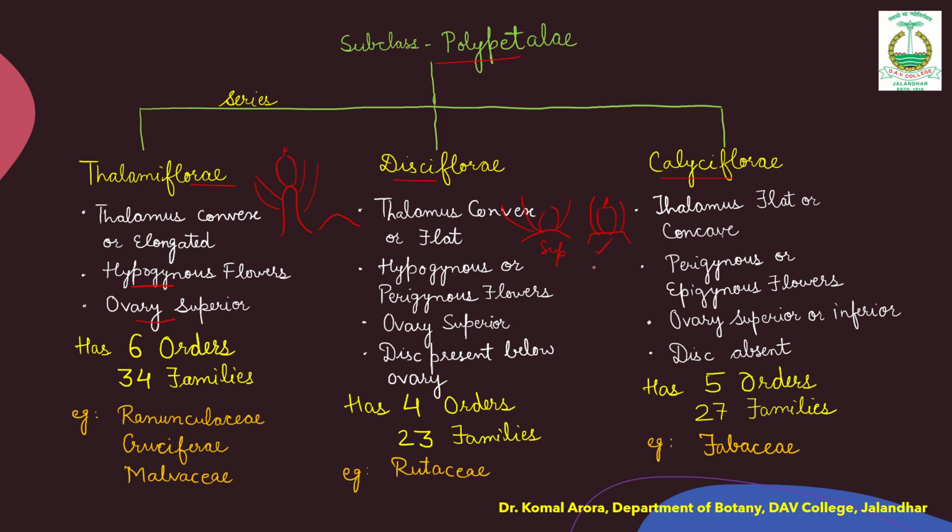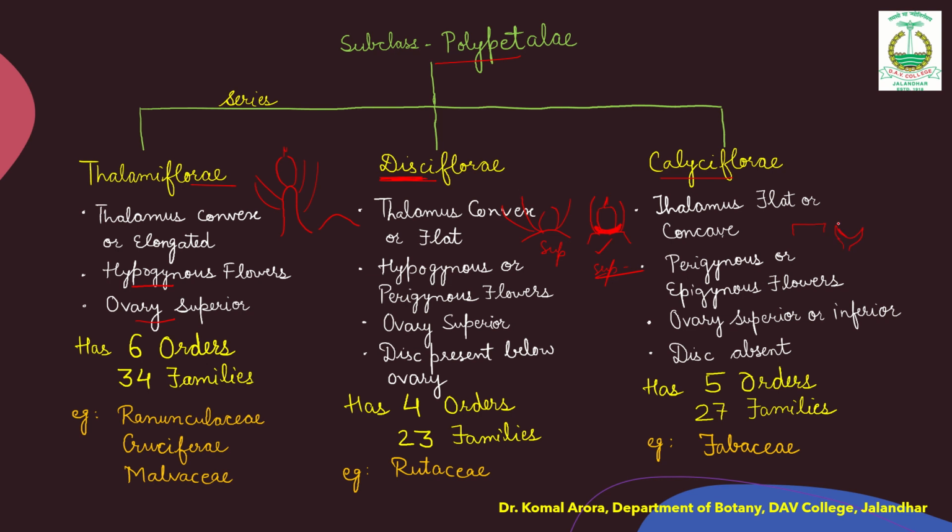But in the written part, we mention this as the superior ovary. The word disc is used because below the ovary there is a nectar secreting disc in all members of this series.